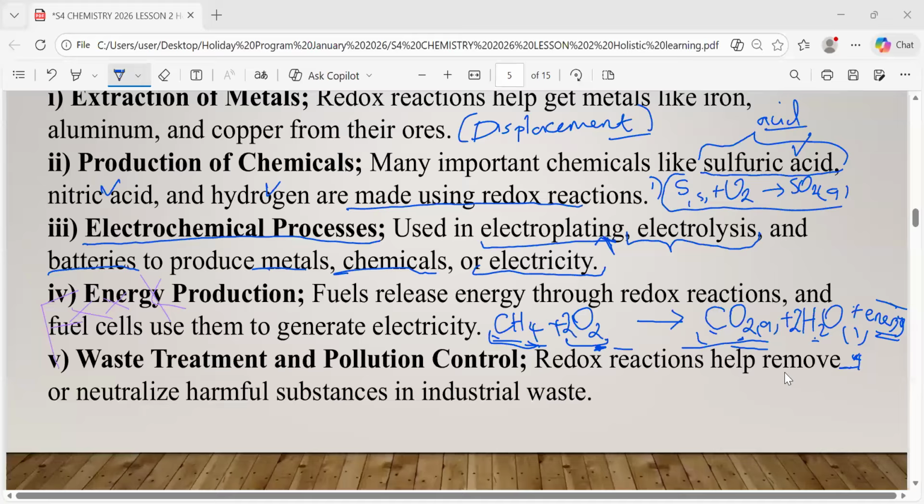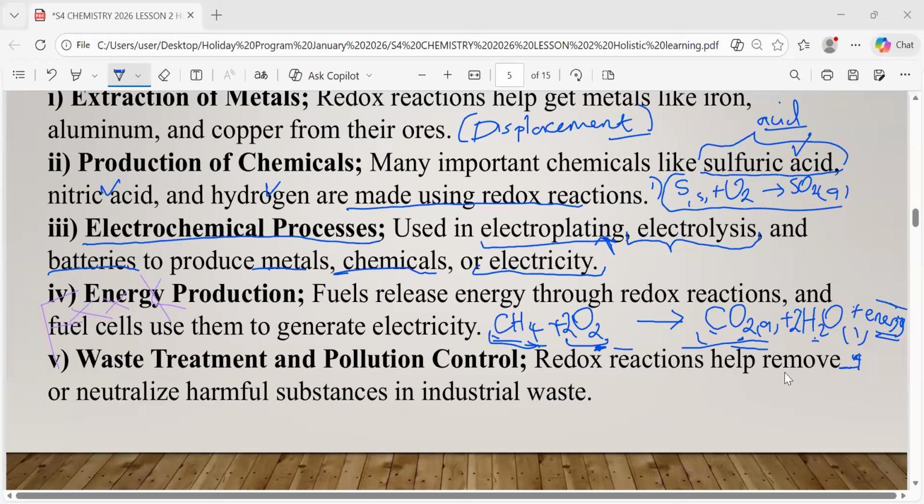By this, I think they mean that some of the pollutants are acidic, so these redox reactions help to neutralize them or make them less harmful. Good. As you said, some pollutants can be acidic, and then we need to add an alkali to neutralize it, forming a salt and water, which is neutral.